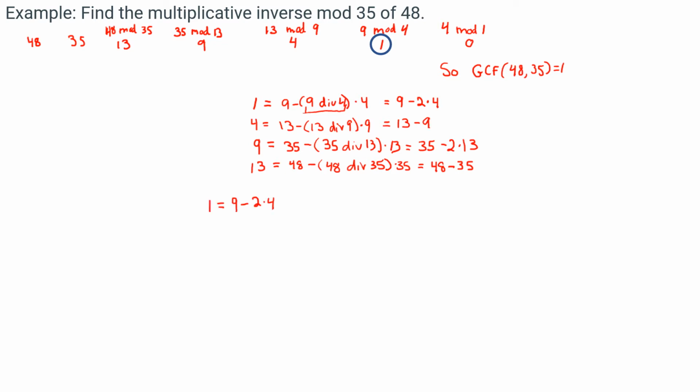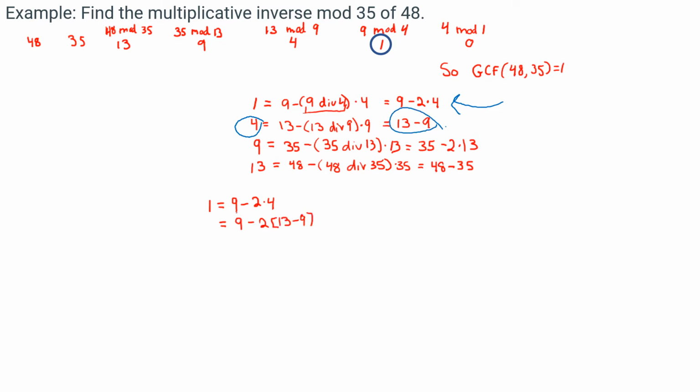So first of all, we'll start with the one that starts with a GCD of 1. So I'm just starting with this first equation there. Okay, 1 equals 9 minus 2 times 4. But then I see that 4 is equal to 13 minus 9.